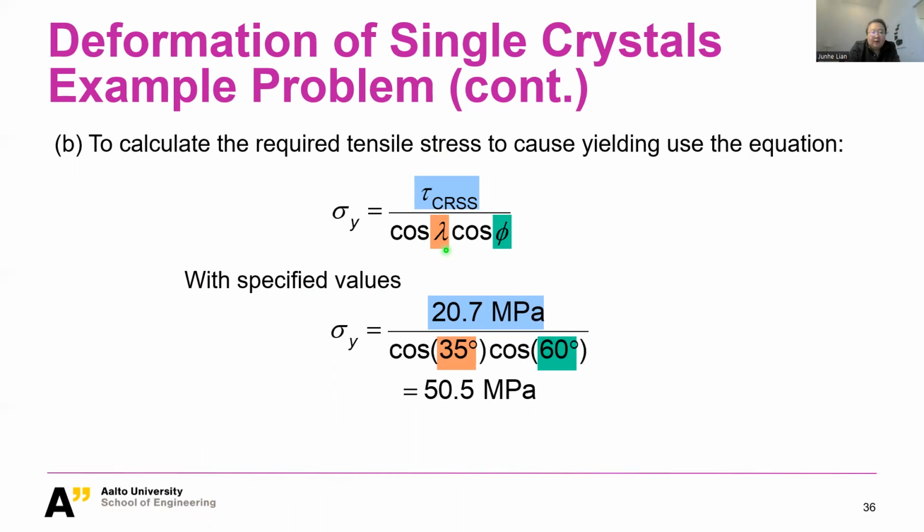I guess everybody can now easily manipulate those equations, which helps you understand Schmidt's law further and, most importantly, understand the correlation between a global tensile test and what is exactly happening to the atoms in your microstructure. All right, that is all from my side.